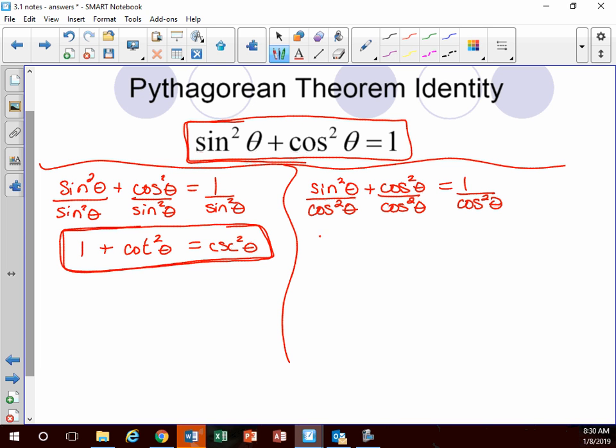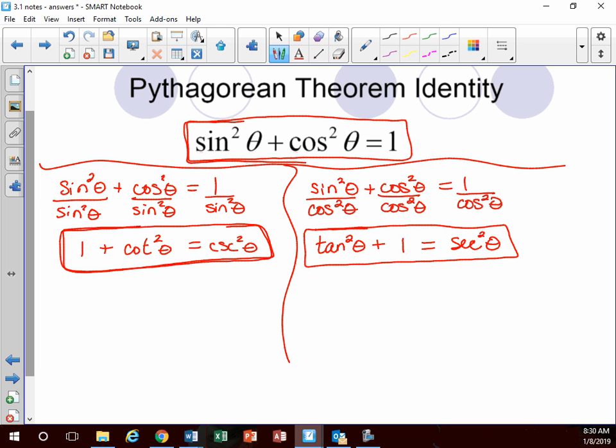Tangent squared. What about cosine squared over cosine squared? 1. 1 over cosine squared? Secant squared. Okay, are you with me on where both of those come from?